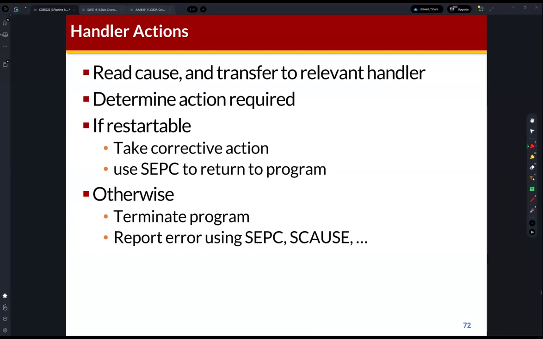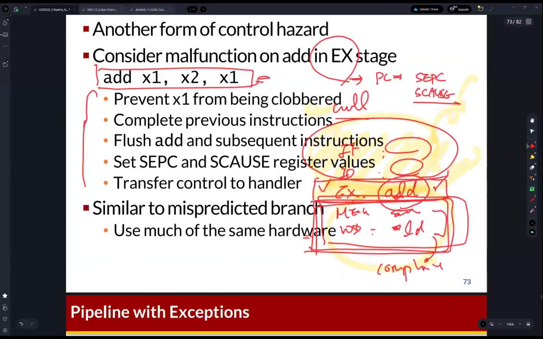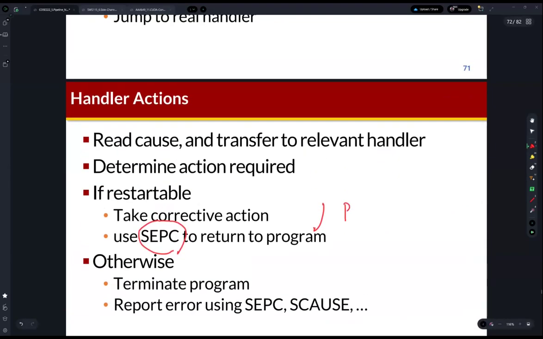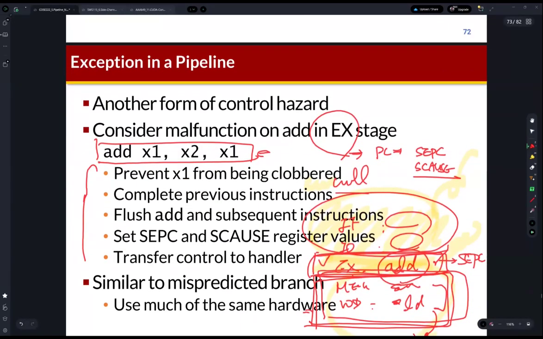If the handler completes its operation, then it jumps to the exception point by recovering SEPC. So in this example, the PC of this add instruction is stored in the SEPC. And after the exception is handled, the PC reaches the PC value in the SEPC. Then this add instruction will be executed again.